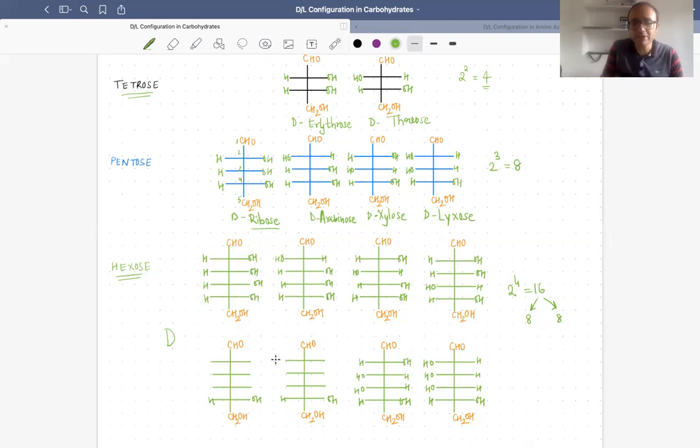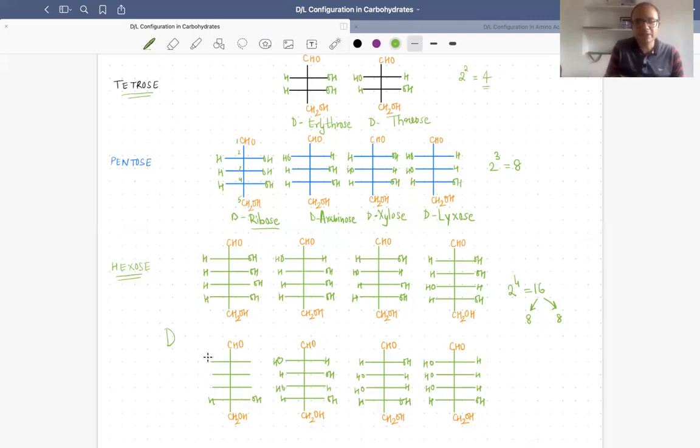Second possibility you can draw is, keep this constant and change the third carbon to H and OH and this constant.